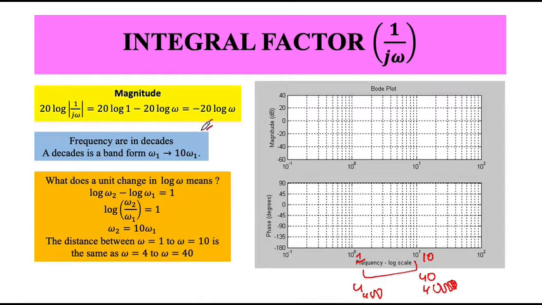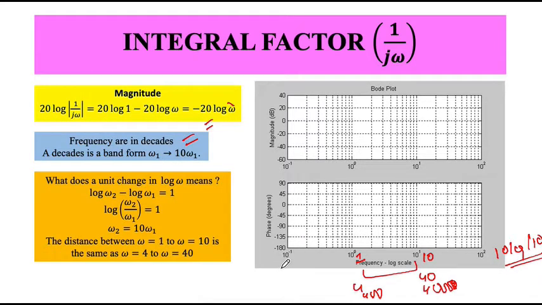Now we will come back here to this one, right? We will be interested in measuring the frequency in decades. So what is a decade? Frequency is usually on a log scale to the base of 10, as a multiple of 10.